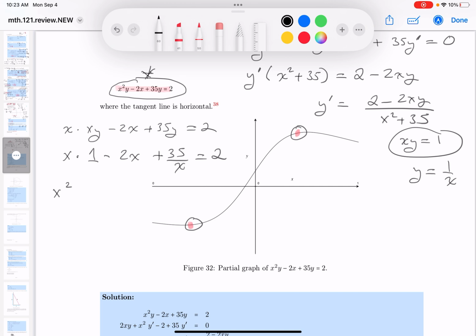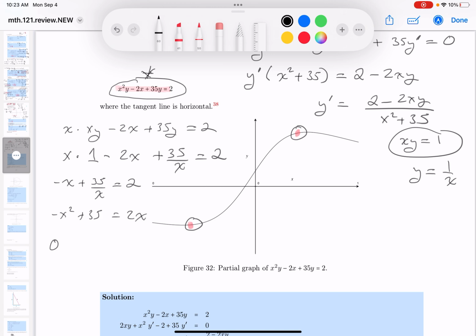You know what? Maybe I shouldn't do that right away, because I know something that's probably a little bit easier to deal with. Just adding those two terms together, you get minus x plus 35 over x is equal to 2. I'm going to multiply both sides by x now. Minus x squared plus 35 equals 2x. Quadratic in form.